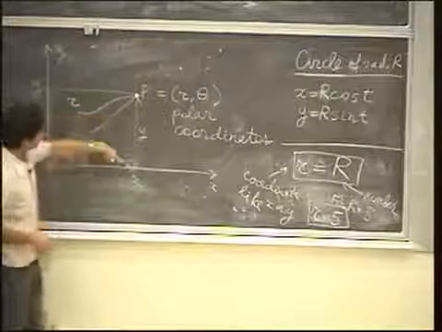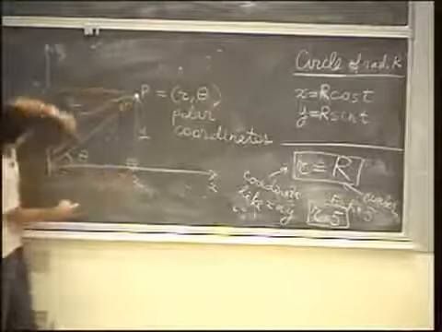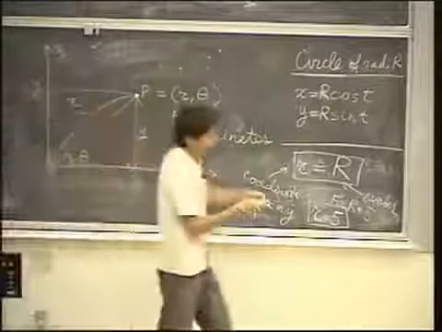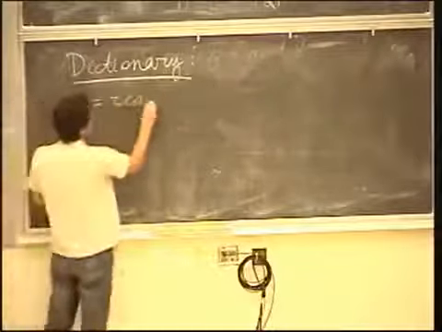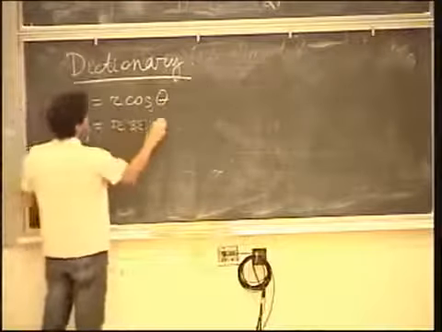So for such a triangle, we can find the length of the sides by taking the length of the long side and multiplying by cosine and sine of theta. So therefore, we get these formulas. x is r cosine theta, and y is r sine theta.